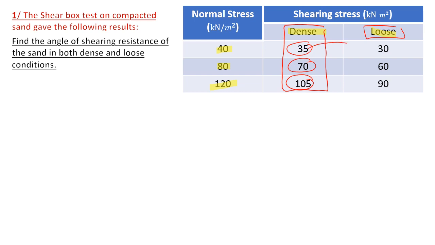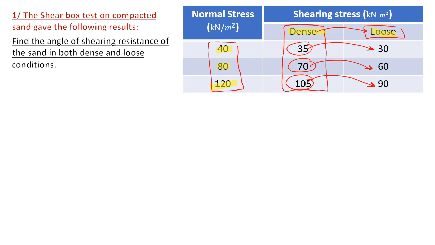So 35, we have here 30. It's less than 35 because the shear stress obtained in the dense state must be larger than the shearing stress obtained in the loose state. So 35 became 30, 70 became 60, and 105 became 90 at the same normal stresses used for the three tests.